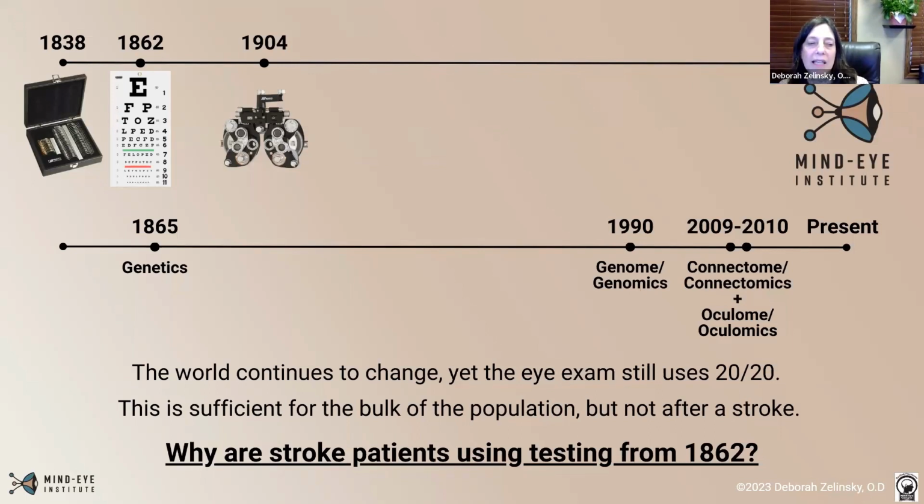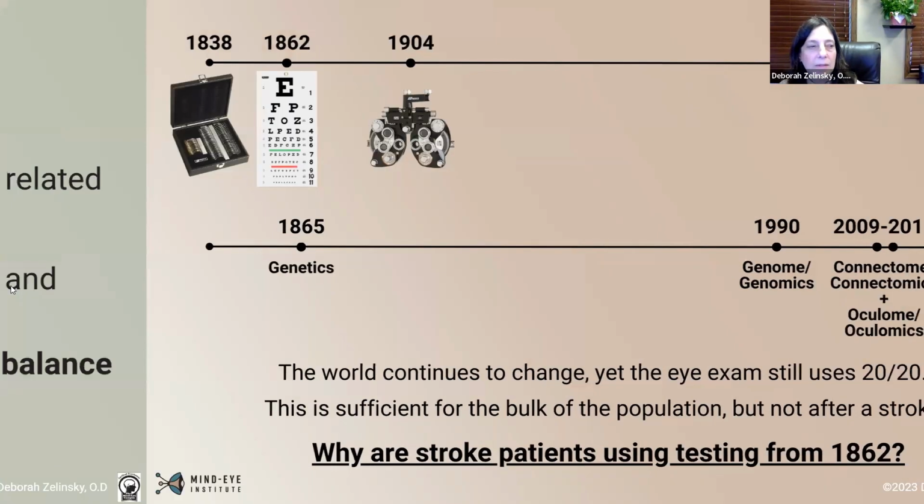And then now there's an oculome and oculomics, using the eye to predict what's going on in the body. They're finding the eye has so many biomarkers, and it can be used to predict things happening. So the world keeps continuing to change, but the eye exam still uses the 20/20 design from 160 years ago. And the bulk of the population don't have any problems with that because it's a great thing. But after a stroke, patients have to have visual processing tested too, not just can you see.